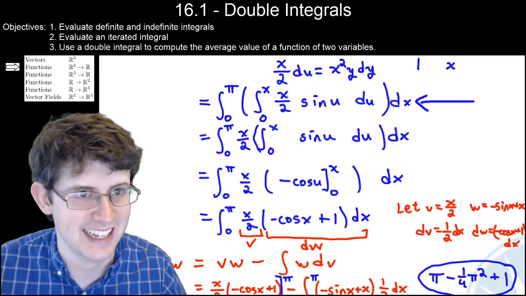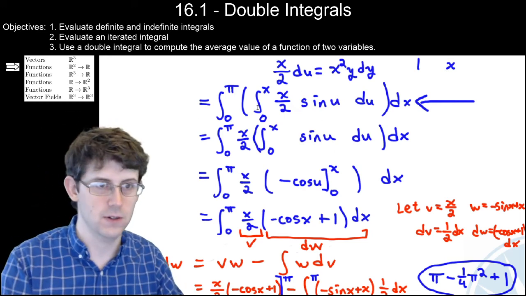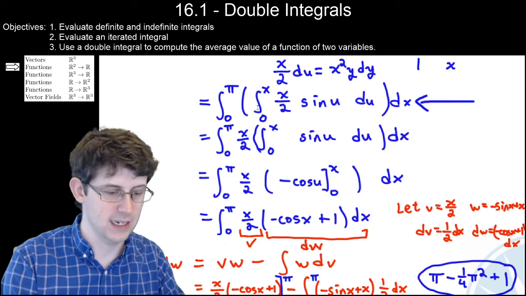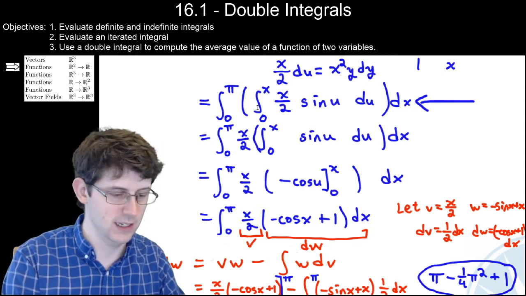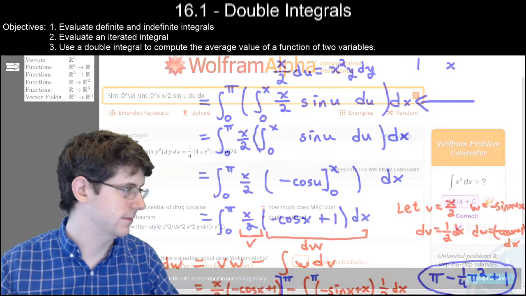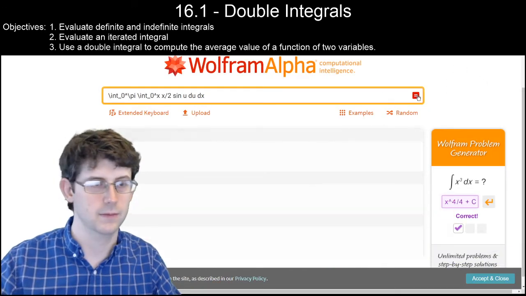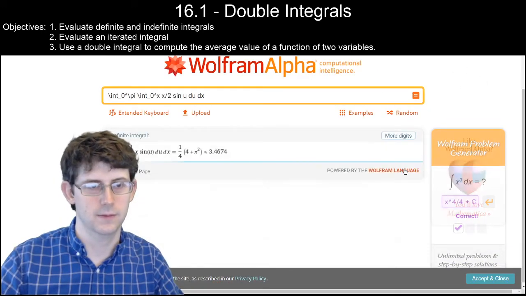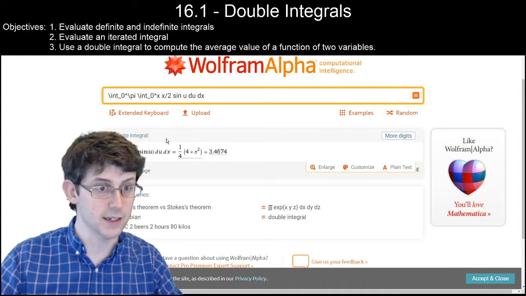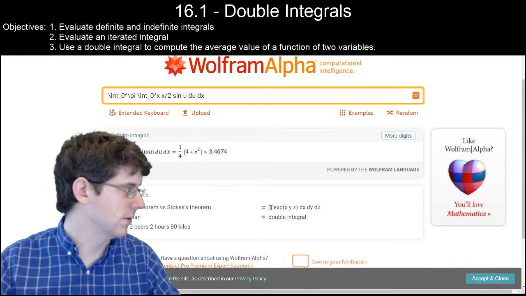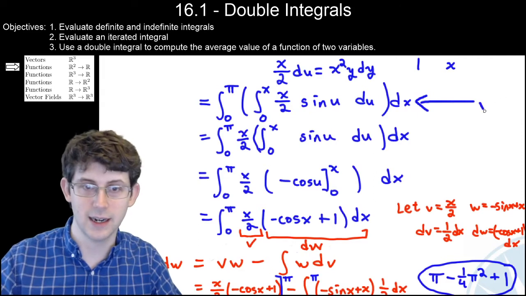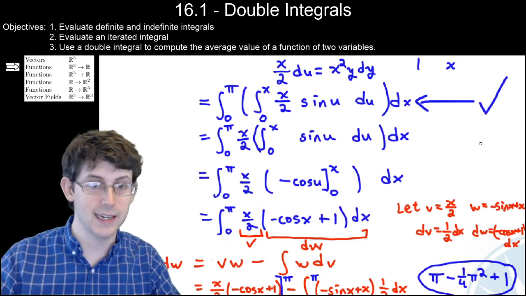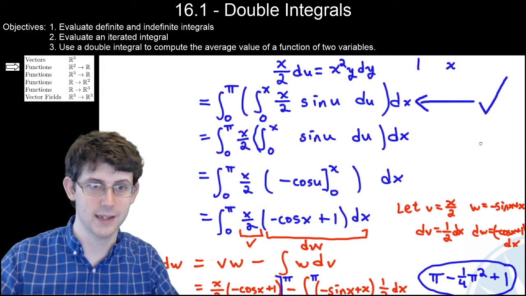So let's see. So it's going to be x over 2 sine u, and that's du dx. That's still the right answer. So that means that up to here, I'm still good. I didn't do this on purpose. I hope you know that.